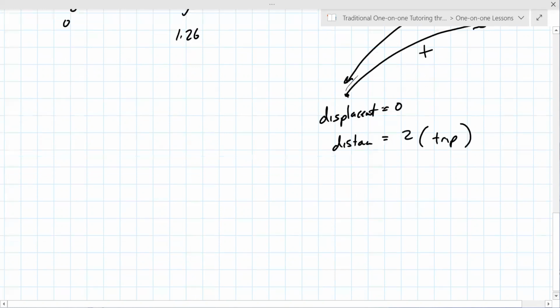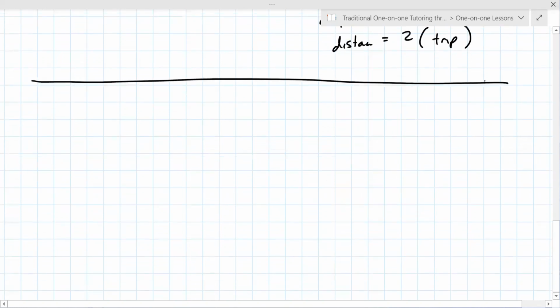Okay. So let's try a simpler example here, because your instructor had the reasons for choosing this. Let's say your velocity is t minus 2 from 0 less than or equal to t less than or equal to 4.